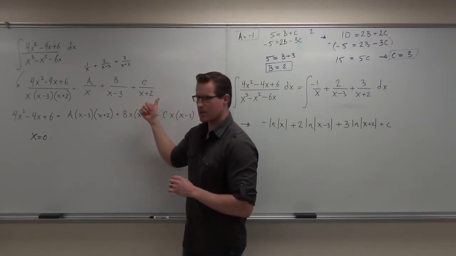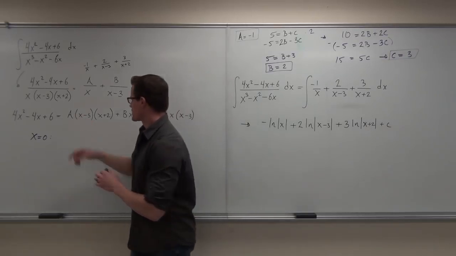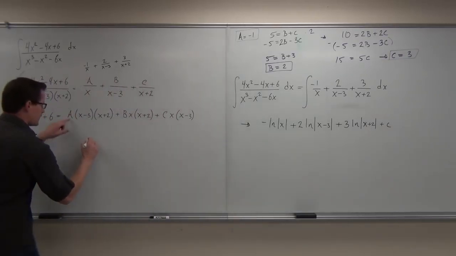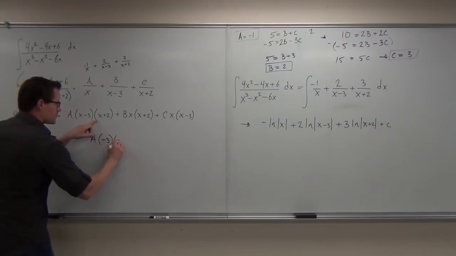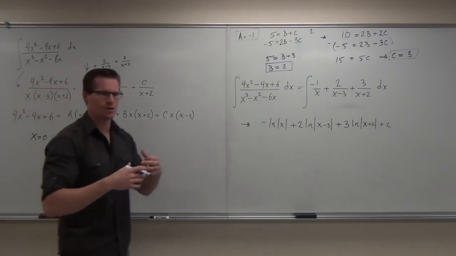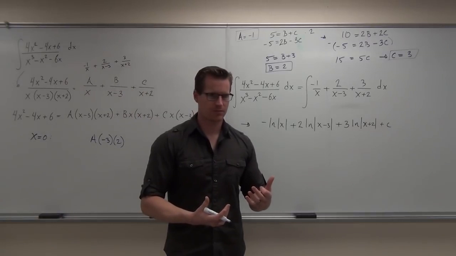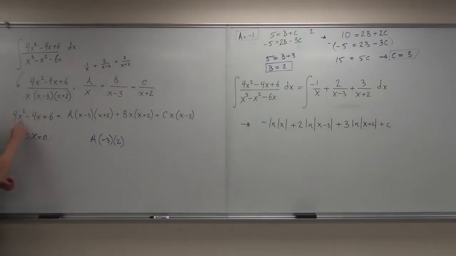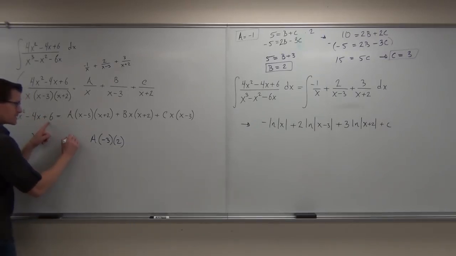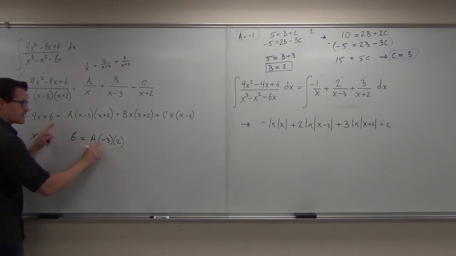Does that make sense? If I let x equal 0, this is a times -3 times +2, because x is now 0. You follow? On the other side, if x is equal to 0, this is 0, this is 0, how much is that? Then we would get 6 equals a times -3 times 2.